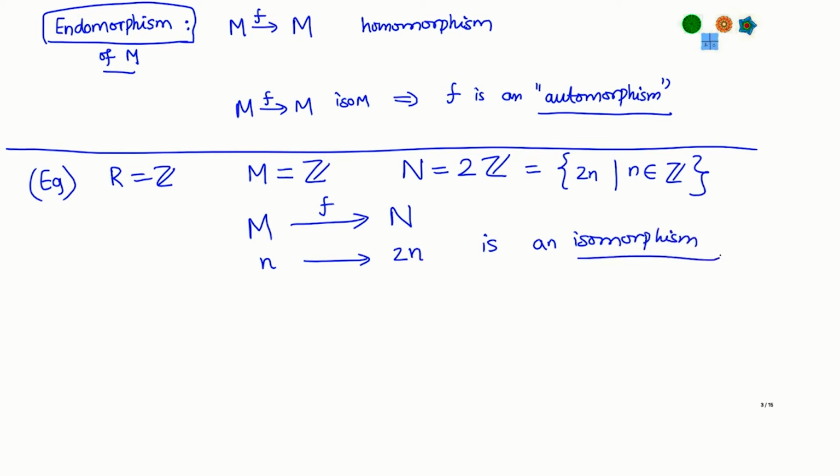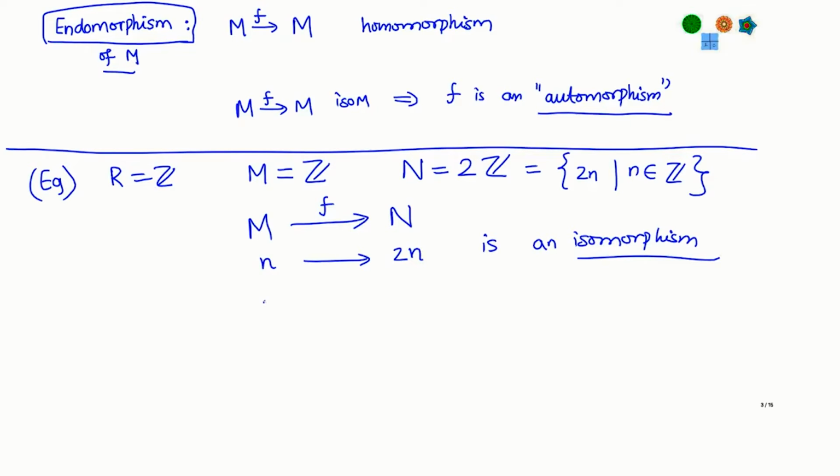This is an isomorphism of Z modules because, firstly, it's a bijection: it's clearly a one-to-one map, and it's onto because all even numbers occur here. And it's a homomorphism of Z modules because, recall, we said before, a homomorphism of Z modules is nothing but a homomorphism of abelian groups, and this is of course a homomorphism of the underlying abelian groups Z and 2Z. So this is an isomorphism.